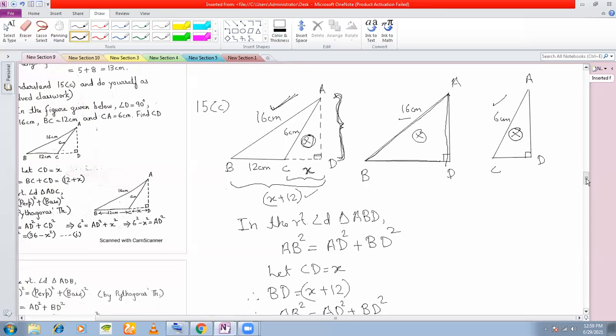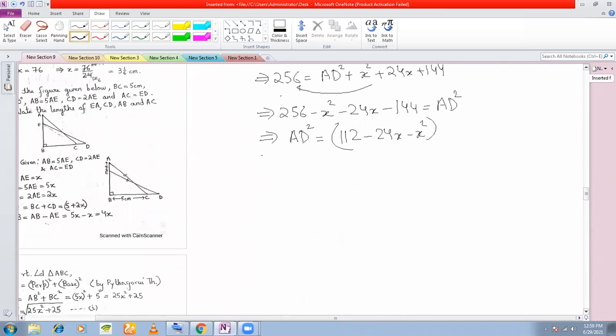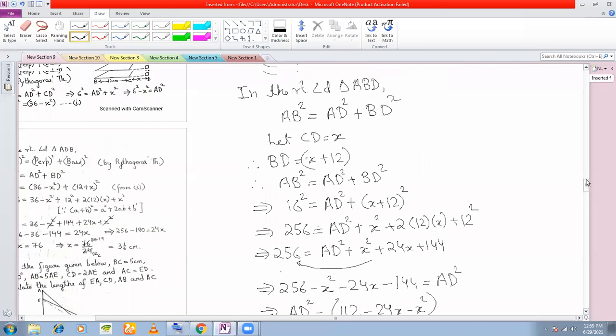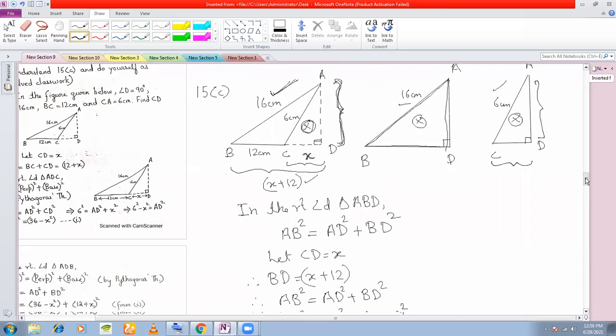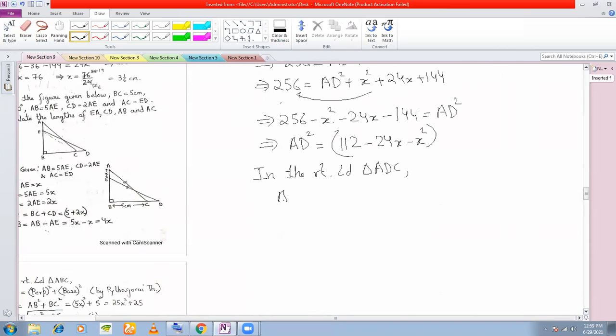So in the right angled triangle ADC, hypotenuse here is AC, perpendicular here is AD, and base here is CD. So AC square is equal to AD square plus CD square, right?